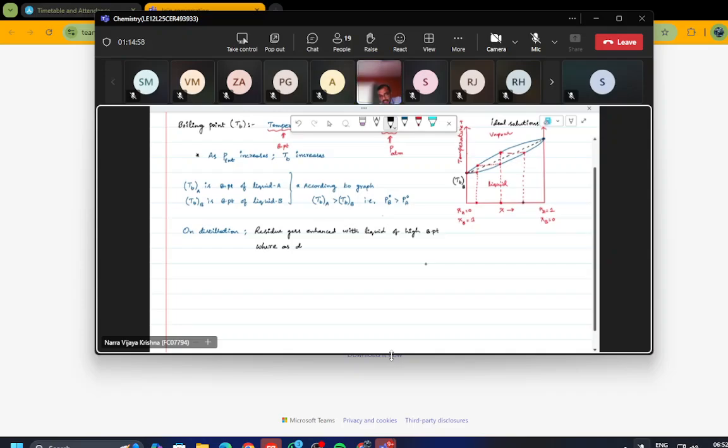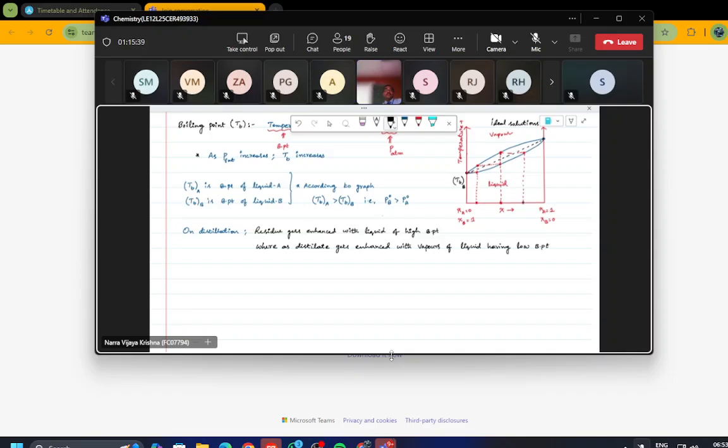Whereas distillate gets enhanced with vapors of liquid having low boiling point. Accepted or not?